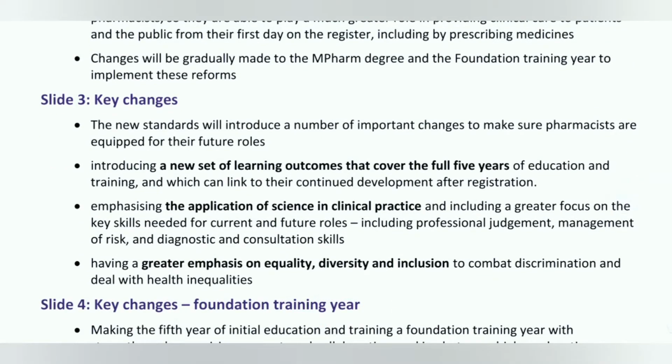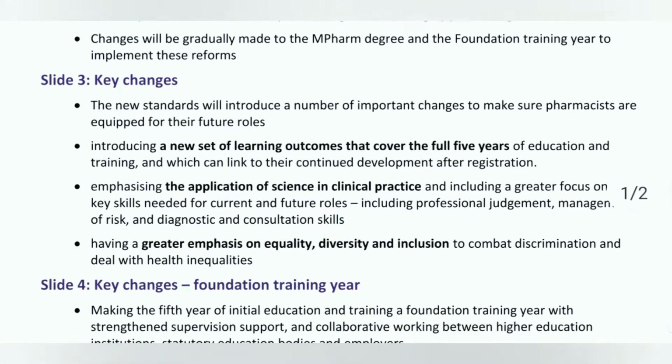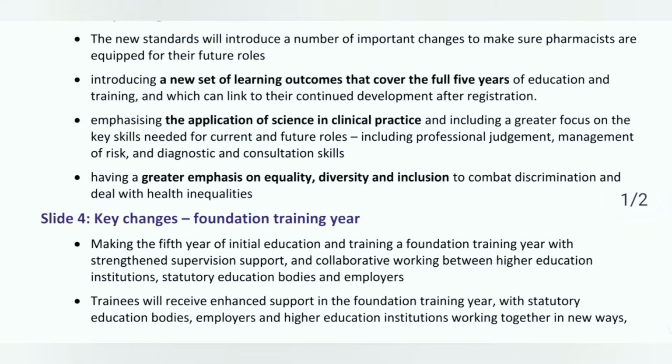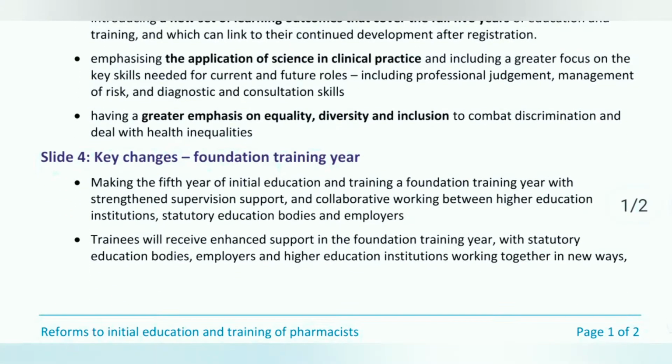Changes will be gradually made to the MPharm degree and the foundation year to implement these reforms. Key changes: the new standards introduce a new set of learning outcomes that will cover the full 5 years of education and training, which can link to continued development after registration.